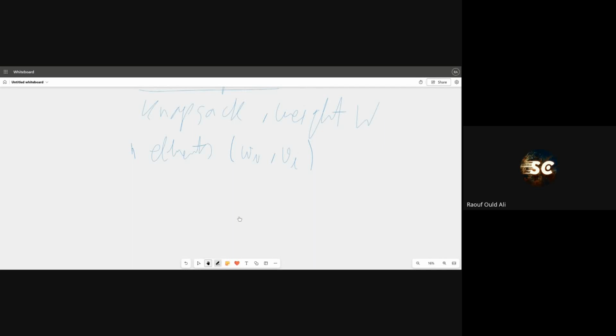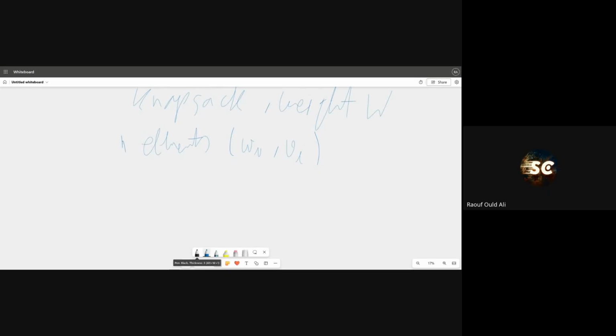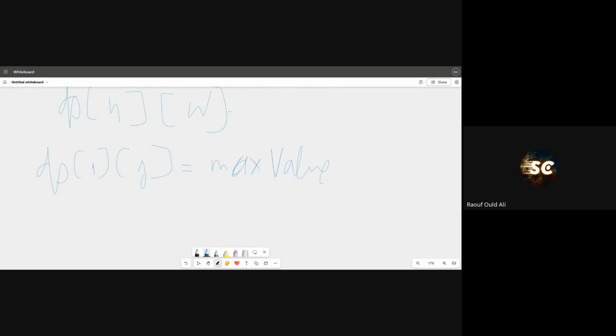Great. So we will define a DP array of size n times (1 plus W), such that dp[i][j] is equal to the max value in a knapsack of size j using elements from 0 to i.